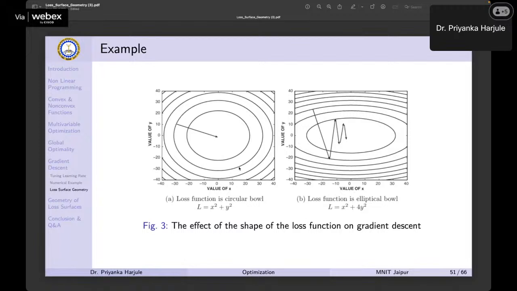Here the second order derivative is very different from this one. Why? Because the second order derivative for y here has high curvature.